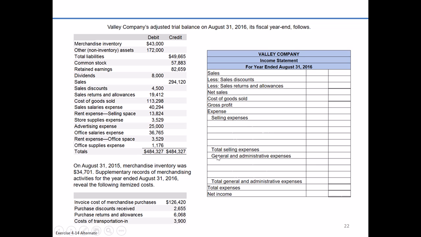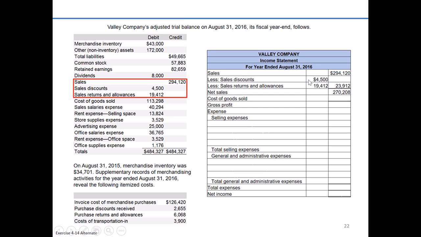The good news is we start out the exact same way with net sales, whether it's multi-step or single step. So we're going to start out with our gross sales of $294,120, but we have to subtract out any sales discounts, which are $4,500 in this situation, and any sales returns and allowances, because these are contra revenue accounts, of $19,412.